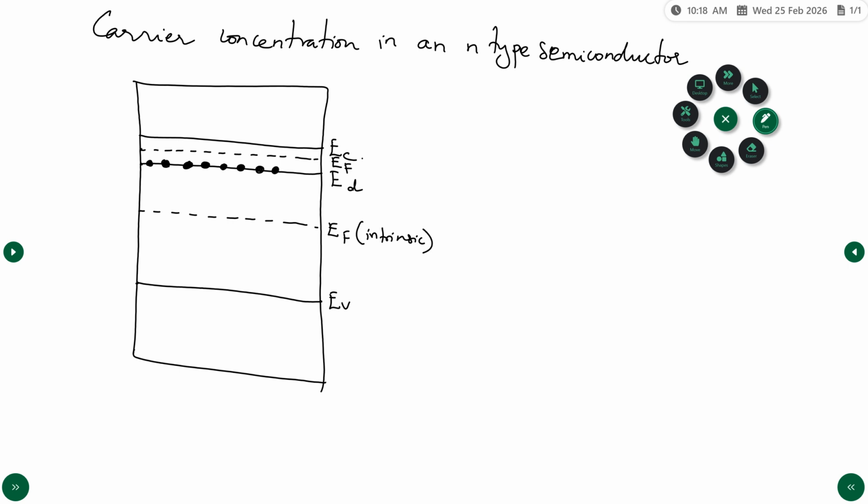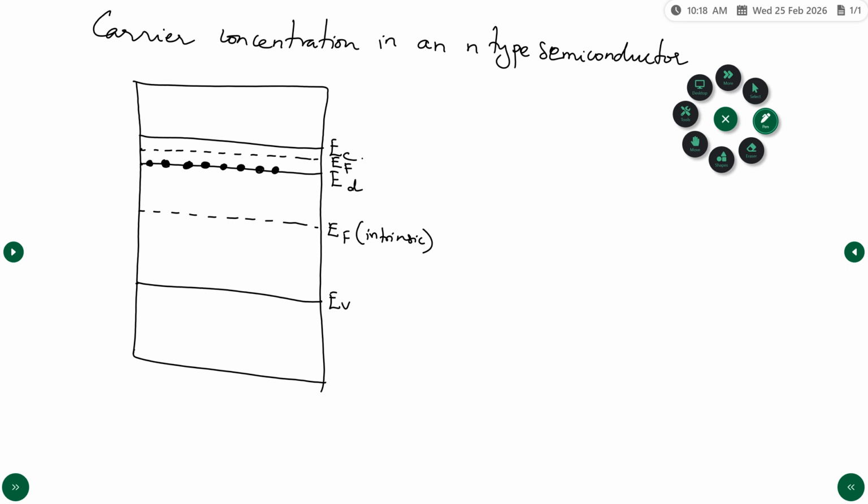That is at 0 Kelvin. நம்ம ஆல்ரெடி பார்த்தோம் இல்லையா? So EF is equal to (EV plus EC) divided by 2. அந்த மிடில் வந்துடும் சரியா? For intrinsic. இது just reference-க்காக தான். Now for the N-type semiconductor, it is exactly in between ED and EC.